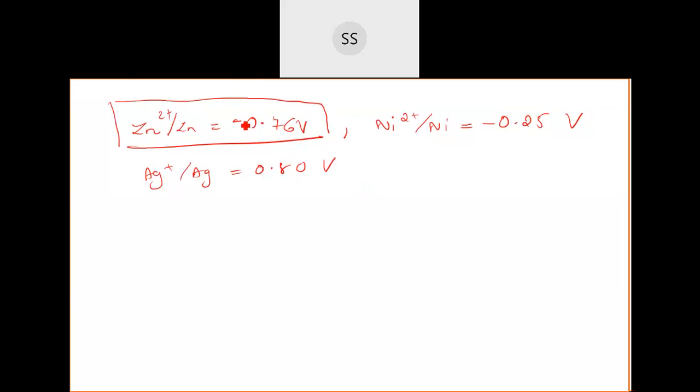Lower means a minus value. The higher the minus value, the lower the reduction potential, no? Yes, zinc is the answer. So this type of question you can expect from that chart, for the 1 mark compulsory part.